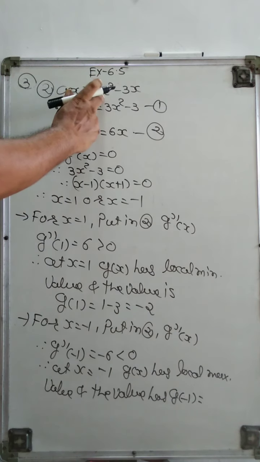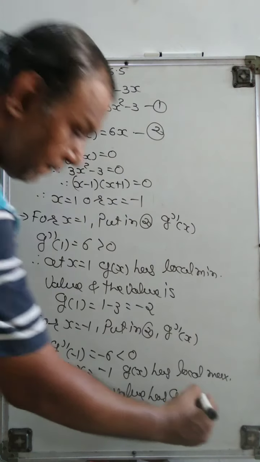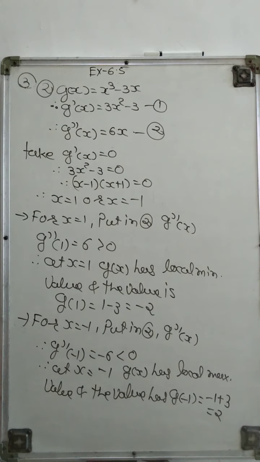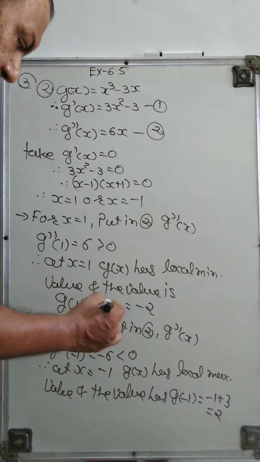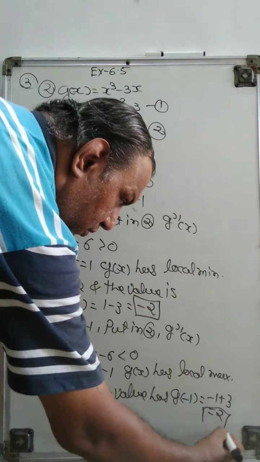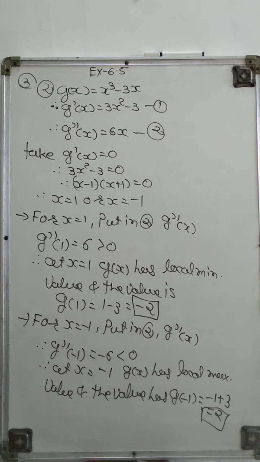It is minus 1 plus 3, it is 2. So here the local minimum value is minus 2 and the local maximum value is 2. This way we can find the local maximum and local minimum value of the given function.